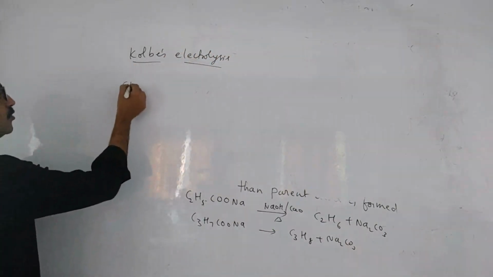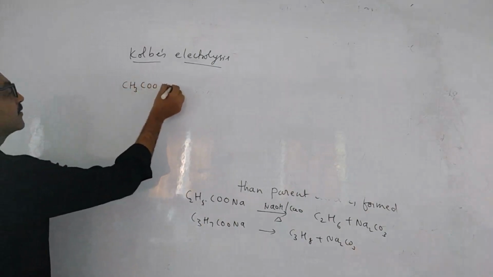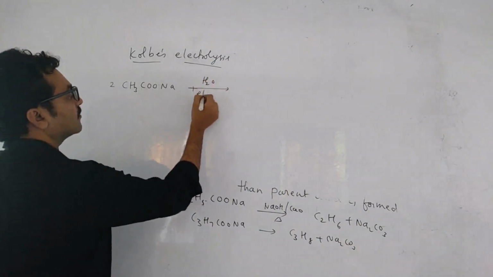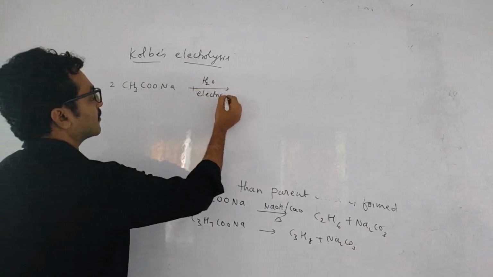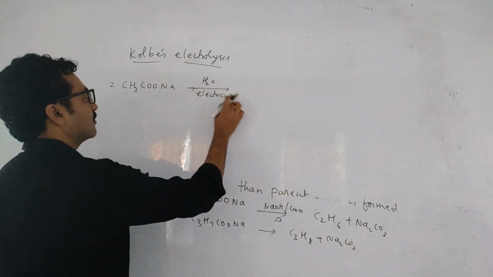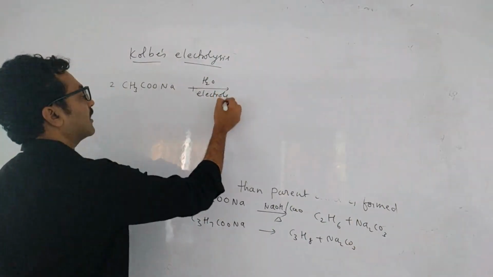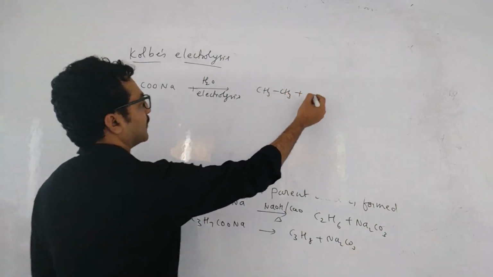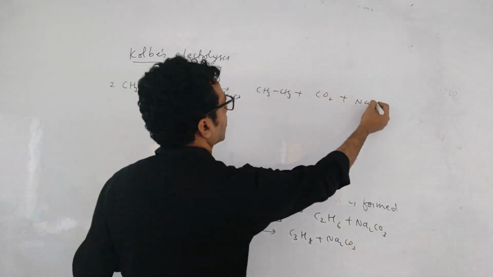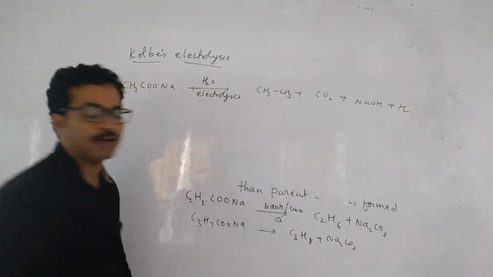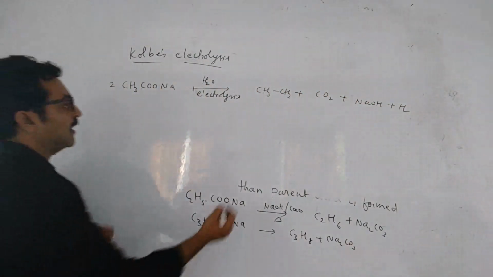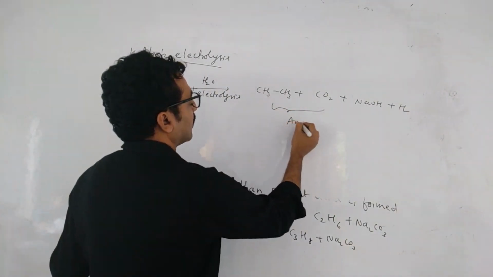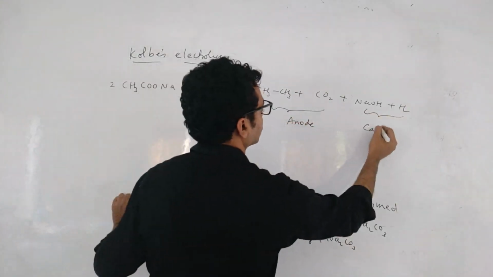Here you will take 2 moles of sodium acetate, plus electrolysis means you will add water. Then you will get ethane plus carbon dioxide plus NaOH plus H2. Here the important point is what products are formed at the cathode and what products are formed at the anode. These two are formed at the anode and these two are formed at the cathode.